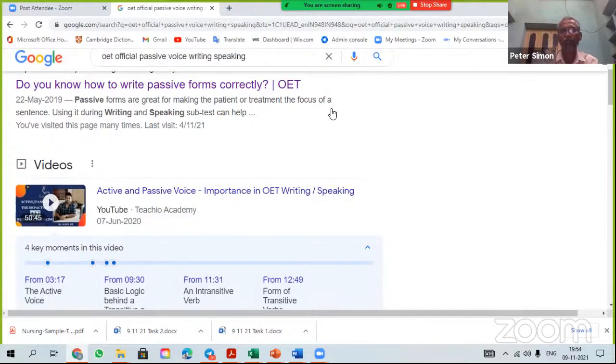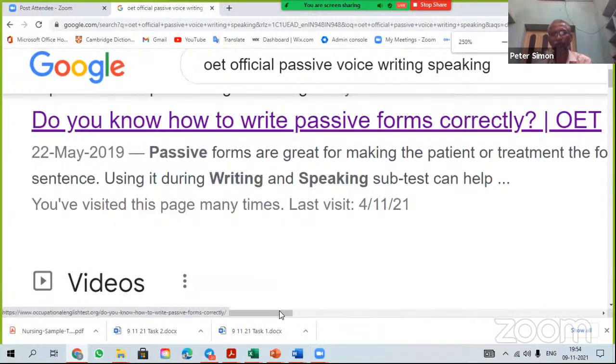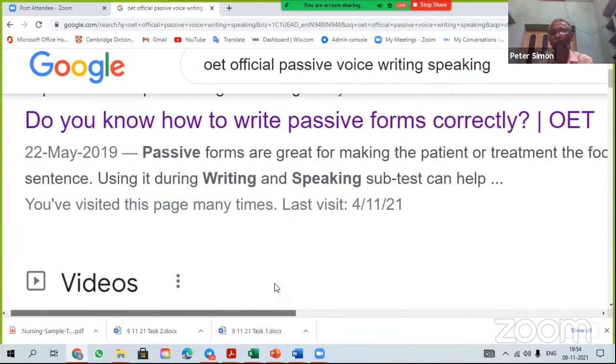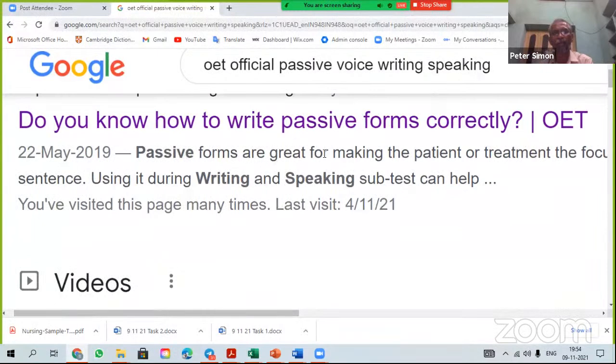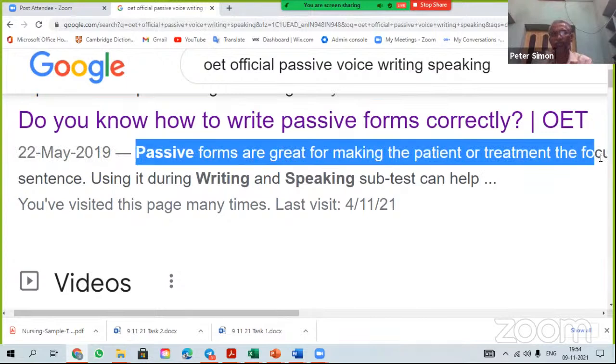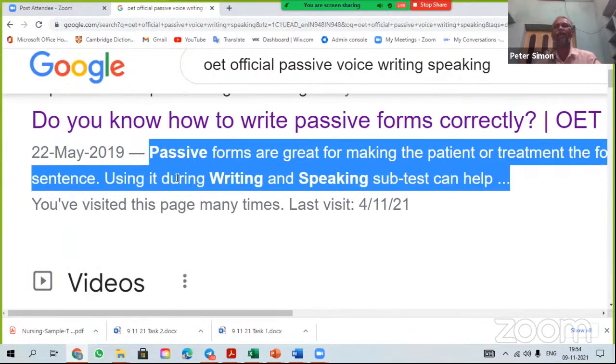Passive forms are great for making the patient or treatment the focus of a sentence. Using it during the writing and speaking subtests can help you. I don't want to go into the depth of that. This is enough for you.